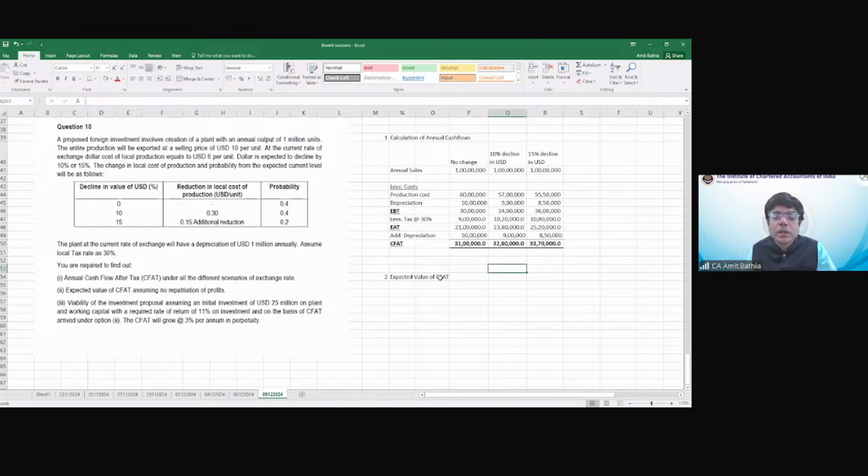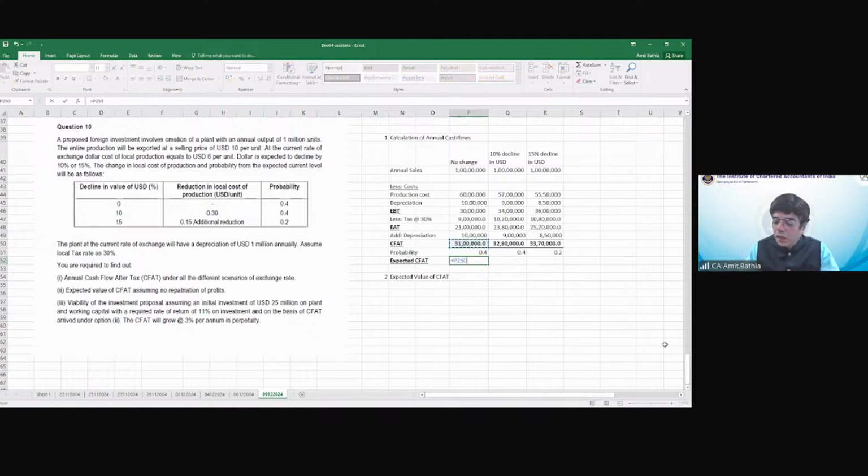आ रही बात समझ में? आपकी probabilities क्या है इसके? क्या दिया था हमें क्वेश्चन में? 0.4, 0.4 and 0.2, right? So I will say how much is the expected value of CFAT? Expected CFAT कितना है आपका?